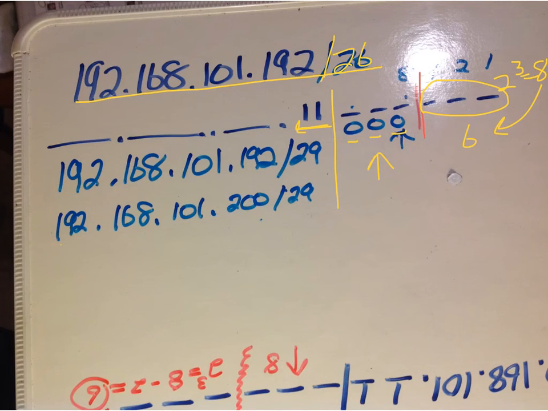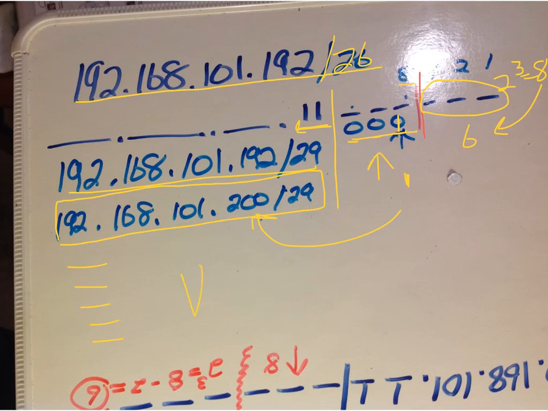So then this would be the next network on there. This would be the first one, all zeros. Then when we put a 1 in right here, we would add 8 on, and that would be the next network. And we could actually make 8 of those.